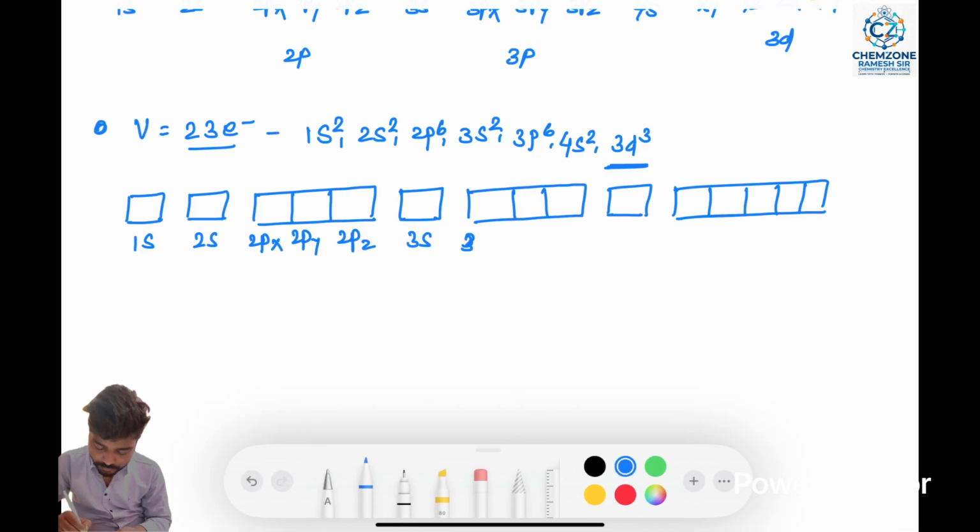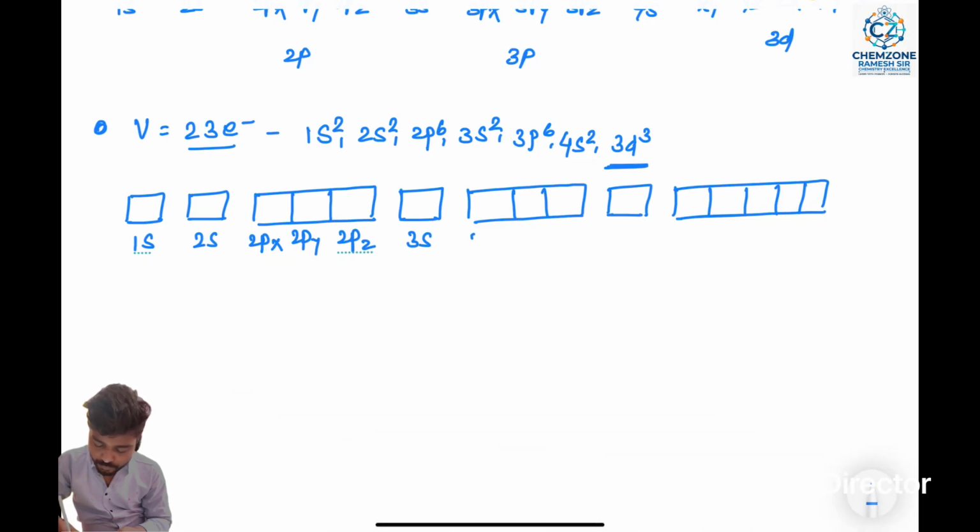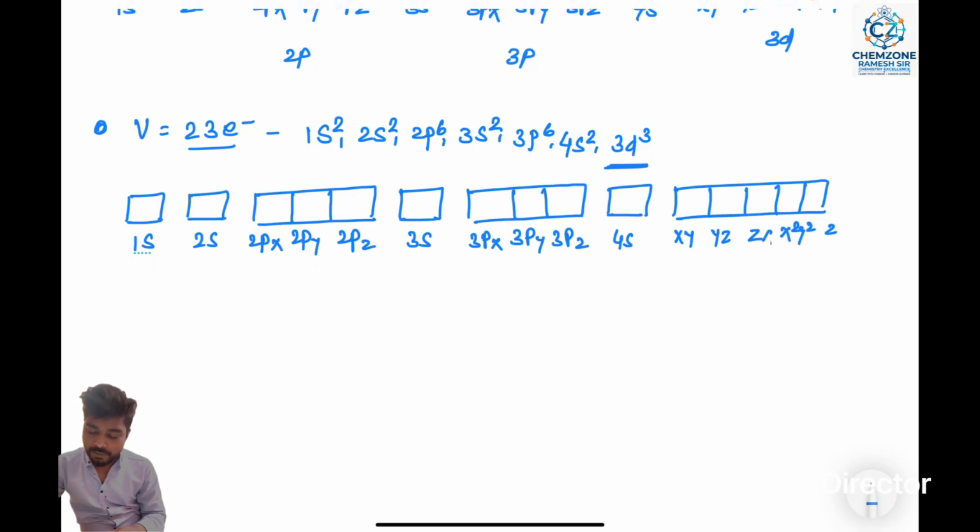Okay, 3s. Then 3px, 3py, 3pz. Okay, then 4s and xy, yz, zx, x square, y square and last one is your z square. Okay, that is the nomenclature of your d orbitals.